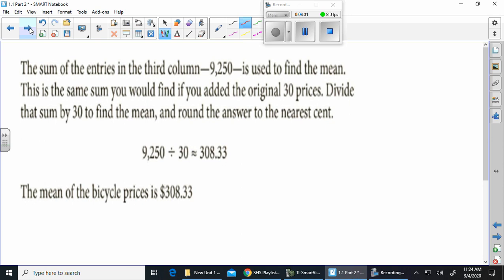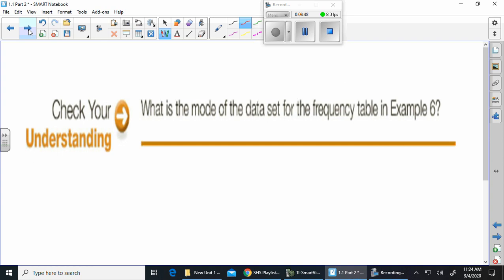So if your data is given in a frequency distribution, make sure that to get that sum, you actually multiply the number by the frequency, and those would be the numbers that you add up. Mode we already went through. Mode would be the one that has the highest frequency. If there's more than one, you would call that bimodal.